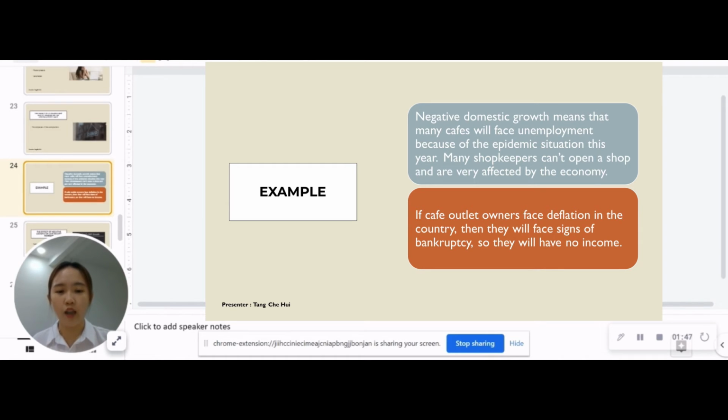Many owners cannot open a shop and are very affected by the economy of Thailand. So if the cafe outlet owner faces deflation in Thailand, then they will face signs of bankruptcy, so they will have no income.